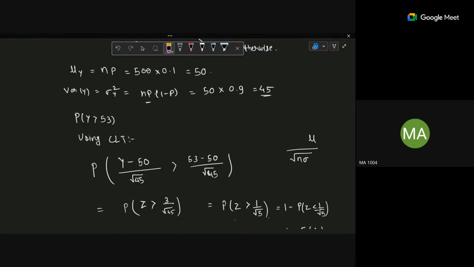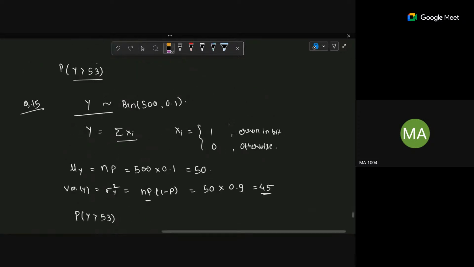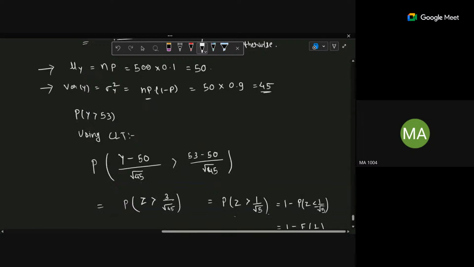When you are dealing with a single X. Here your Y is already the summation of X1 to Xn. So here we were using the CLT for Y, which is the sum of X1 to Xn. In that case, we have directly calculated the mean and variance for Y, so we have the liberty to use the mean and variance of Y directly.